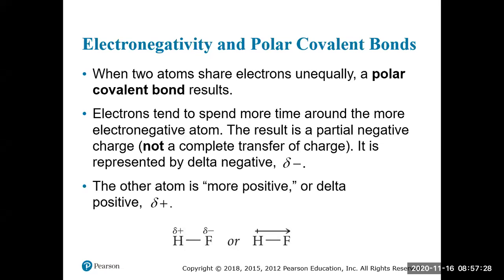The other way that this is often represented, and I think this second way is probably the more common way, will be an arrow with a direction on it, and the direction points to where the electrons are flowing. And so you have a little plus over the hydrogen, then the arrow going over to the fluorine, and that indicates that in the bonding, the electrons are favoring being pushed over more towards the fluorine.